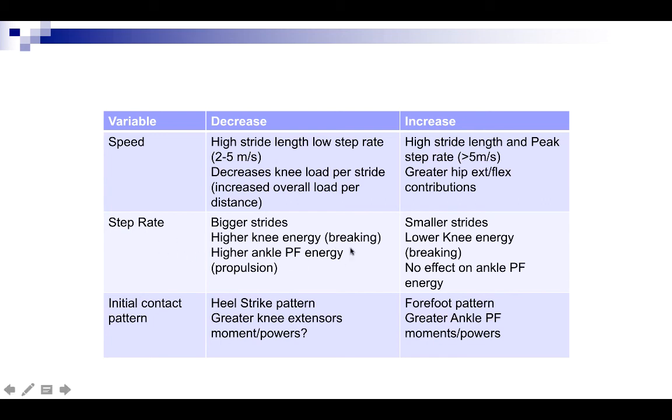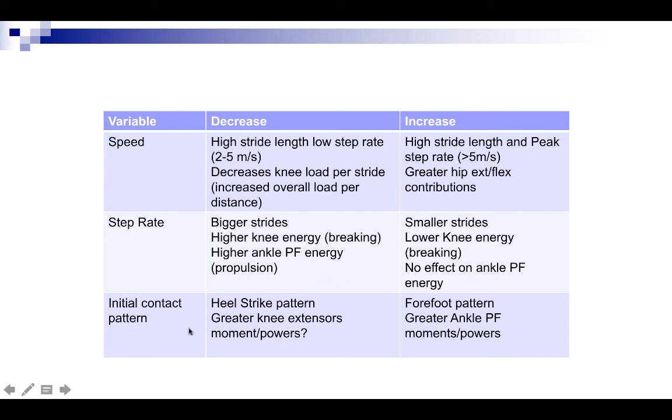And then as we increase step rate, strides are smaller, of course, and we have lower knee energy for braking, and some redistribution of loading at the ankle, where the ankle's also going down, and somewhat at the hip. So at increased rates, we have less overall energy per stride, but we have to take more strides cumulatively to cover the same distance.